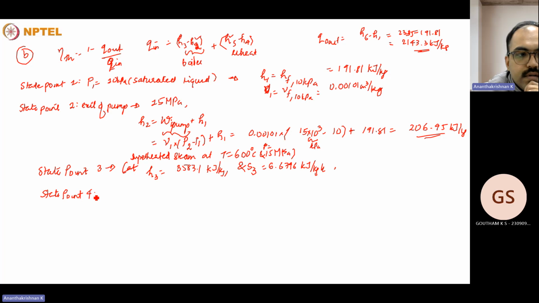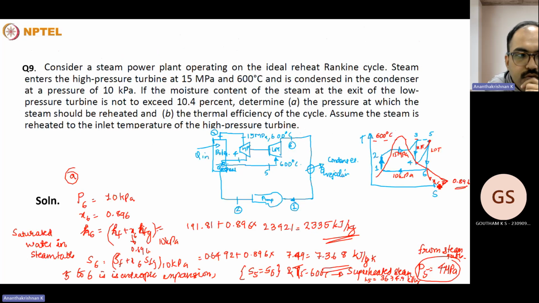For state point 4, we do not know whether this is a saturated point or not. It can be saturated or it may not be saturated.